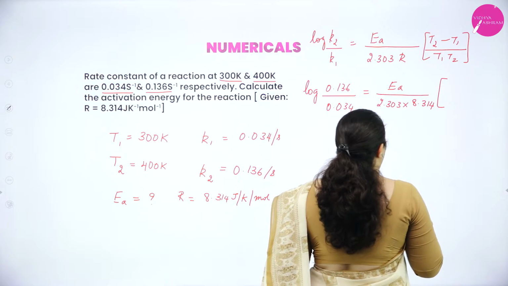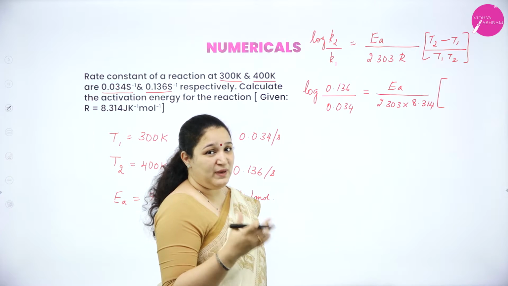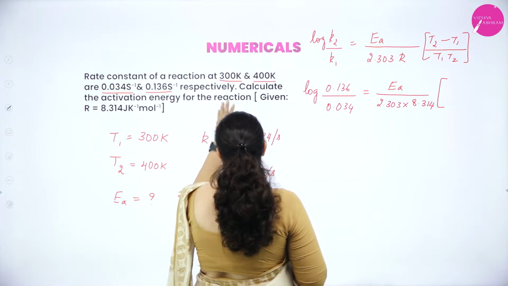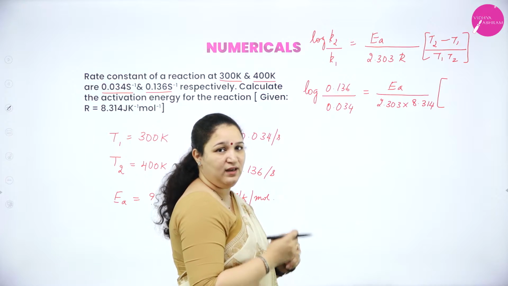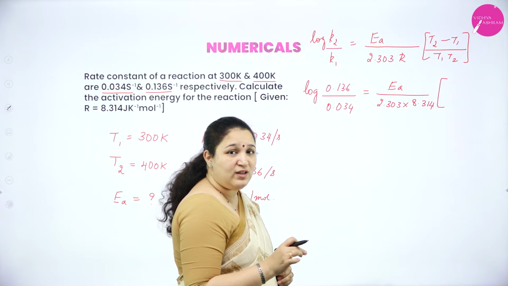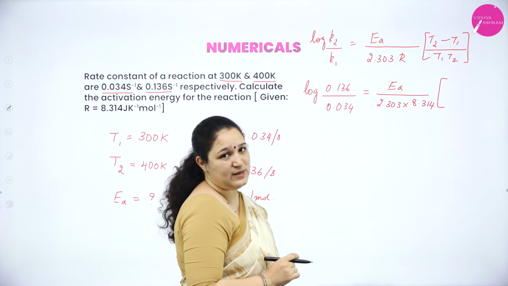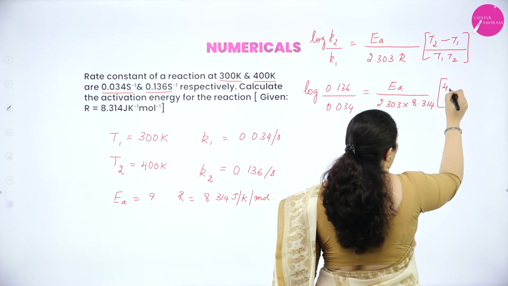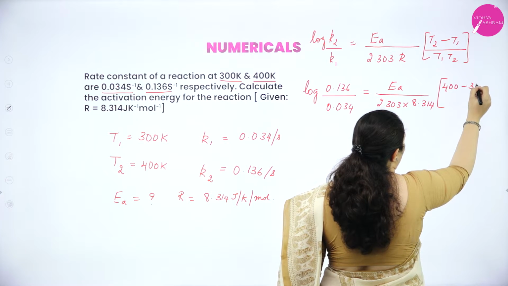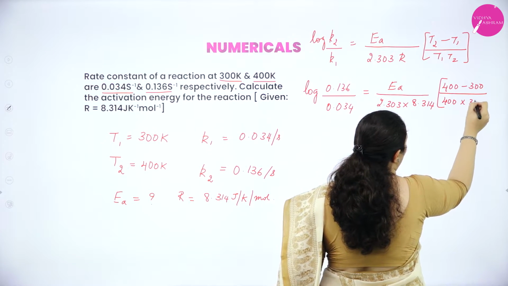Temperature, one more thing which you have to take care is temperature should always be in Kelvin scale. Here in the question it's already given in Kelvin scale, so I have no issues, I can directly substitute. But if it's not given in Kelvin scale, you need to convert it to Kelvin scale and then only you can substitute here. Okay, so T2 is 400, 400 minus 300 divided by 400 into 300.